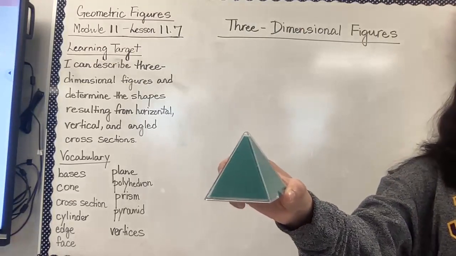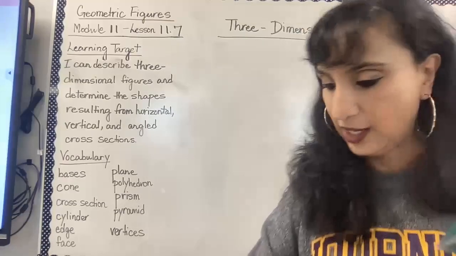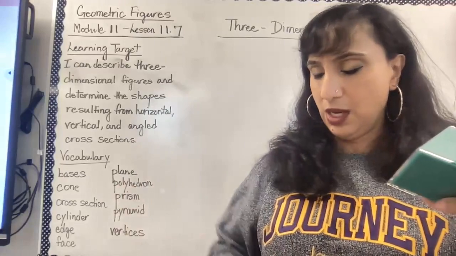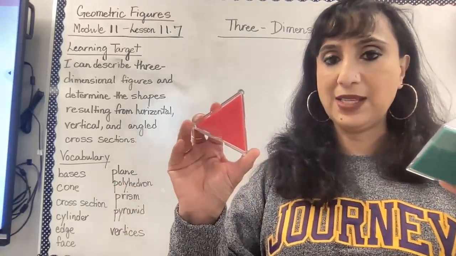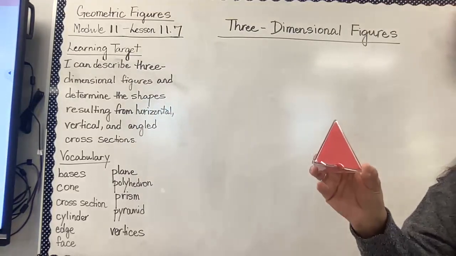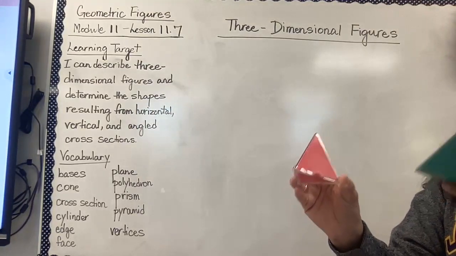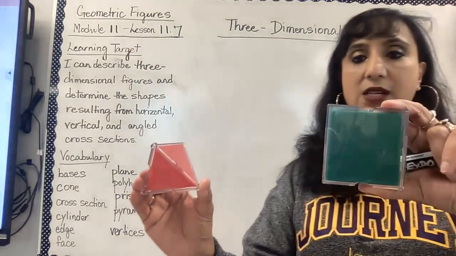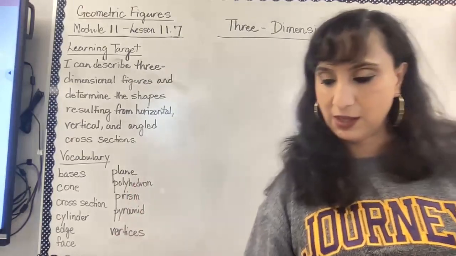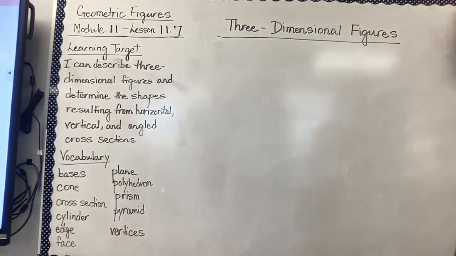It has one base that is a polygon and other faces that are triangles. So this one here is the triangular base, and then the rest you have your triangular faces. Pyramids are also named by the shape of their base. So this is a square pyramid, triangular pyramid.